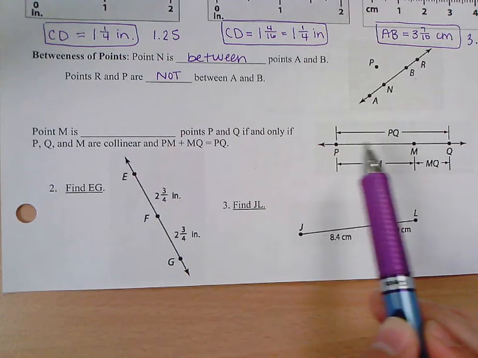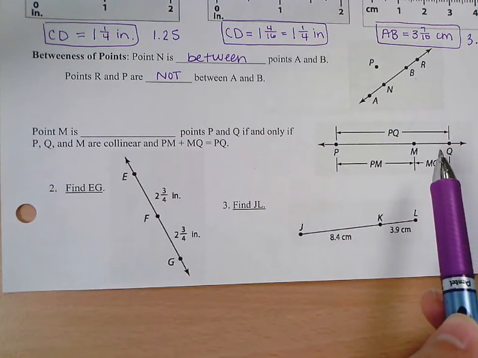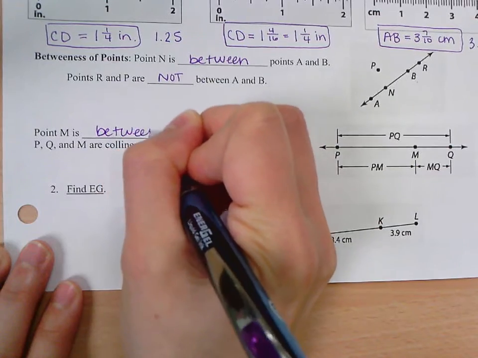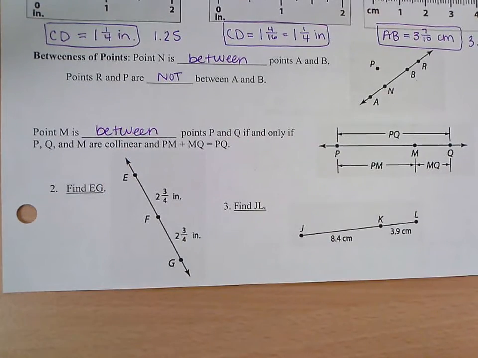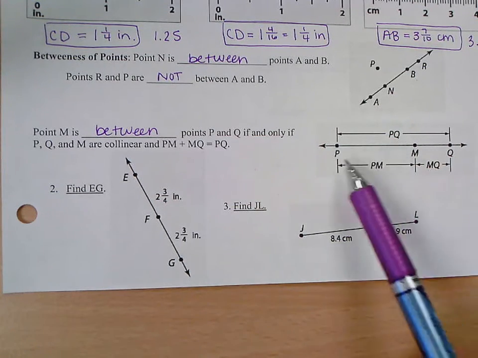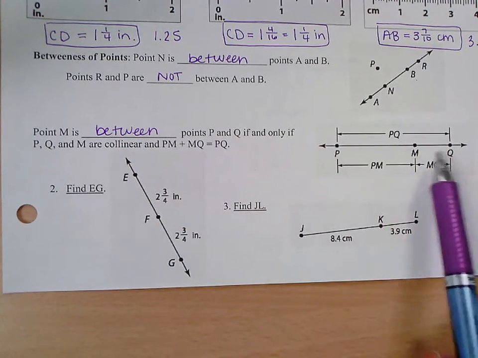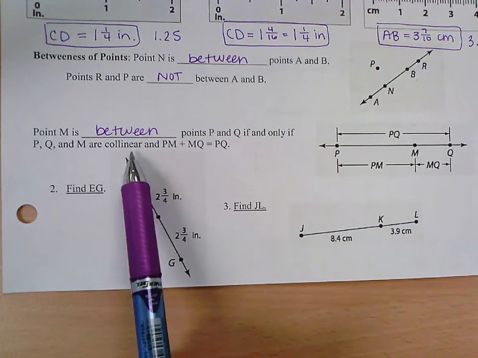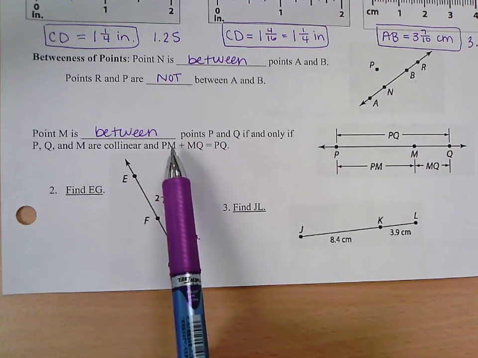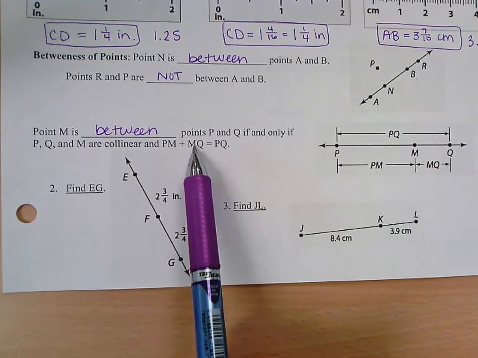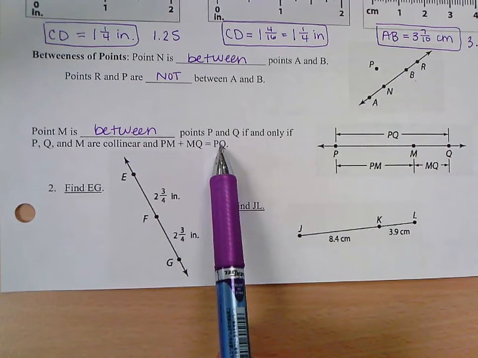So in this diagram here, we can see that point M is between points P and Q. And this is a more formal definition to go along with that. So point M is between points P and Q, but this is if and only if P, Q, and M, all those points are collinear, and the measure of PM plus the measure of MQ is equal to the measure of PQ.